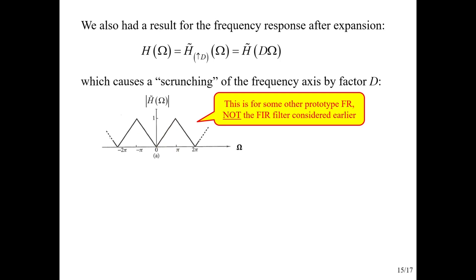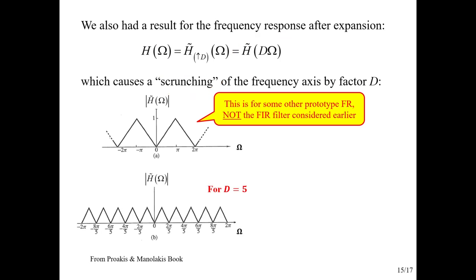But if we look at it on a wider range, here I'm going out minus 2 pi to 2 pi. Now I can see some teeth there. What ends up happening? Well, when I combify this prototype to get my new general comb filter from that prototype, I have to scrunch it in by a factor of D. And so now if I scrunch it in by a factor of D equal to 5, this thing gets scrunched in by a factor of 5.